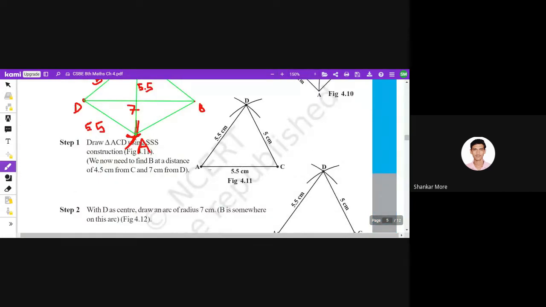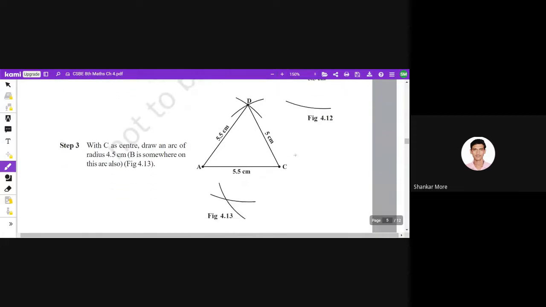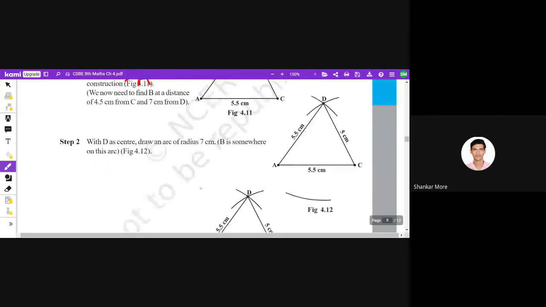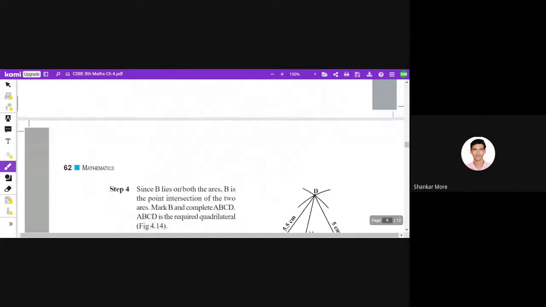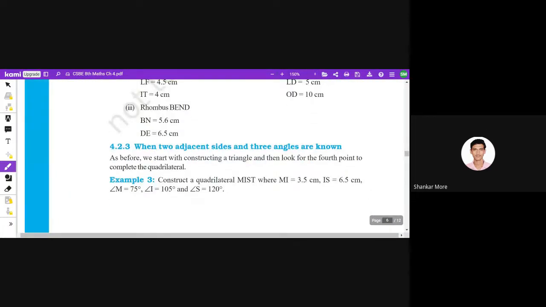We will draw one diagonal first, then 2 sides, then for the third side we will draw a curve. 3 sides are given to us, right? 2 sides are done here. For the third side we have to draw one more curve, and we will get a point where the side and the diagonal are connected like this. So this is how we construct a quadrilateral when three sides and two diagonals are given, right?